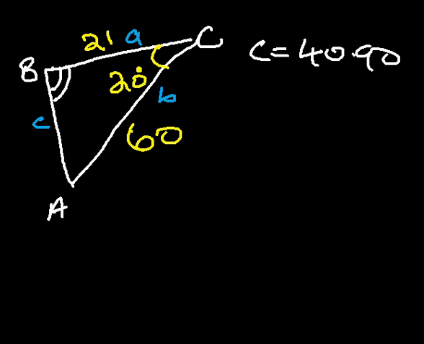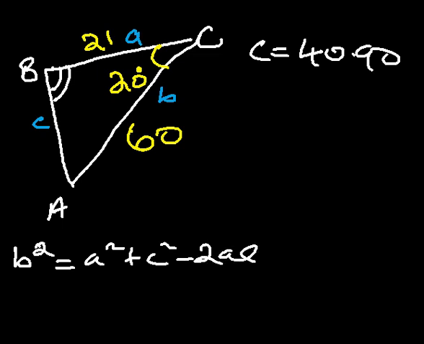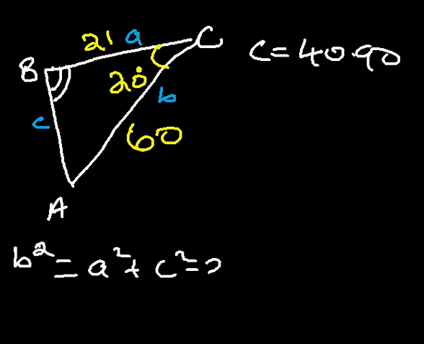Since we are looking for the angle B, we'll have to make cos B the subject, using b square is equal to a square plus c square minus 2ac times the cosine of angle B. That's what we are looking for.